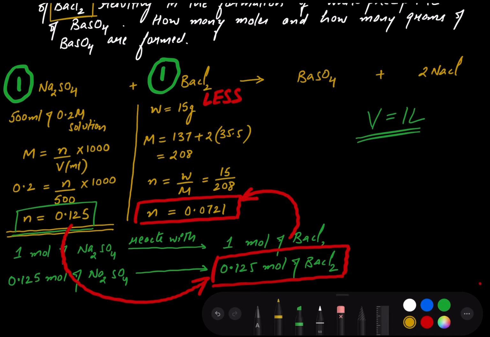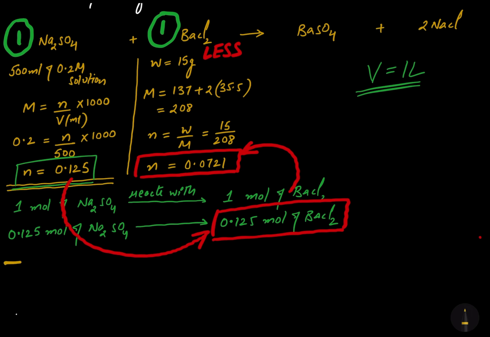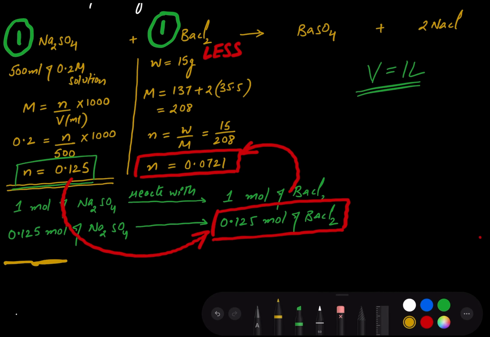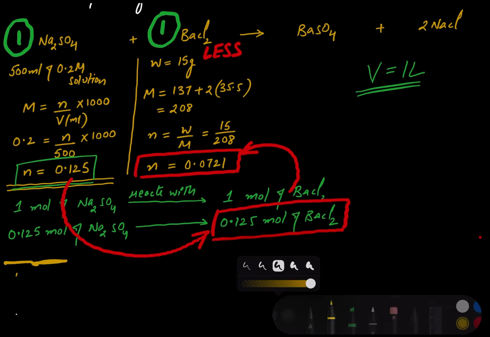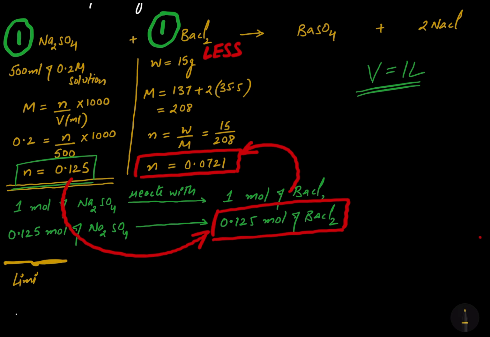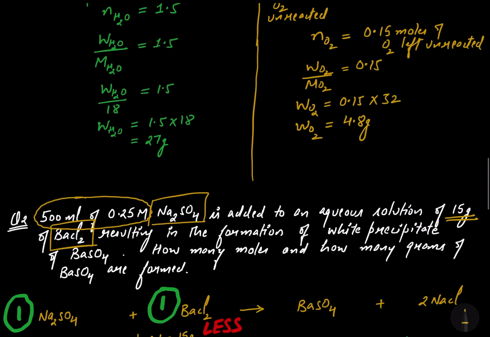So here I'm writing, my limiting reactant comes out to be barium chloride. So what next? In the question he was asking how many moles and how many grams of barium sulfate will be formed.